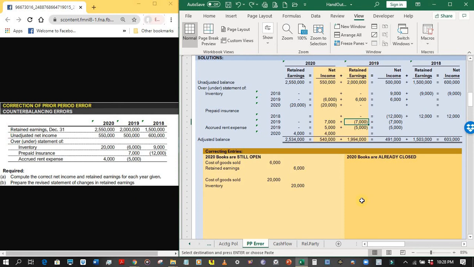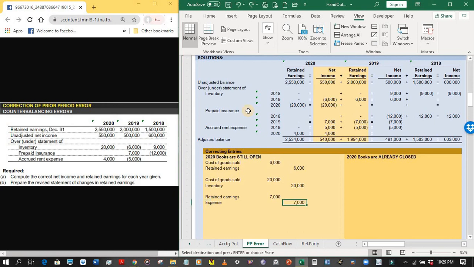And again, a decrease in retained earnings requires a debit. So our entry would be debit retained earnings for 7,000 pesos, and the account credited is a nominal account that is related to prepaid insurance. So what would be the nominal account related to the prepaid insurance? So that is insurance expense for 7,000 pesos.